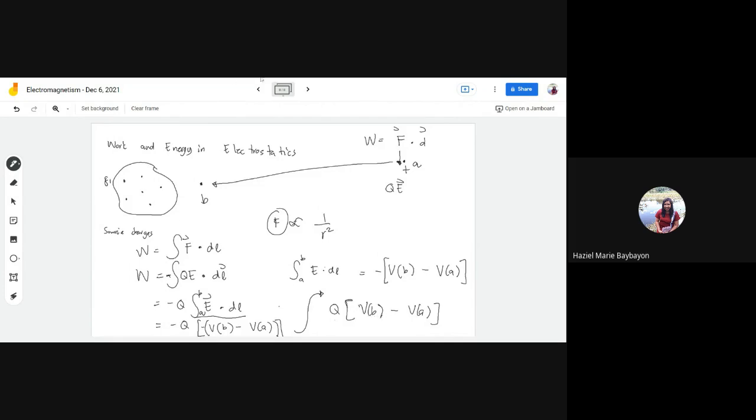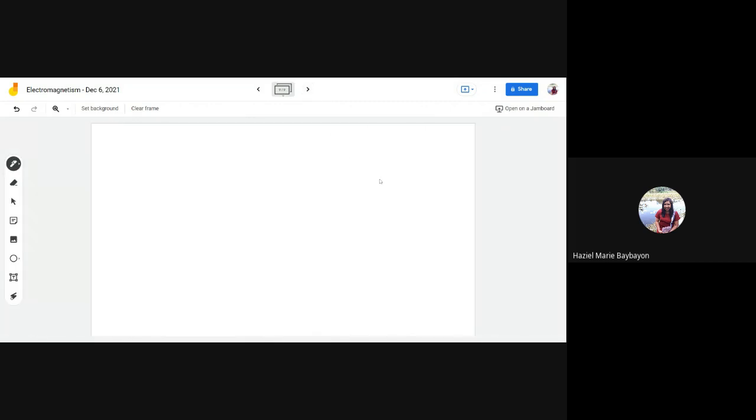So from this, the work is equal to Q times V of B minus V of A. So we can write V of B minus V of A, the potential difference, is equal to W over Q.